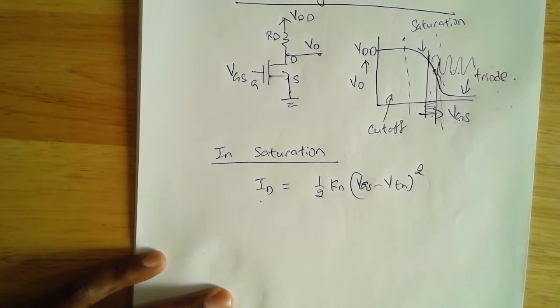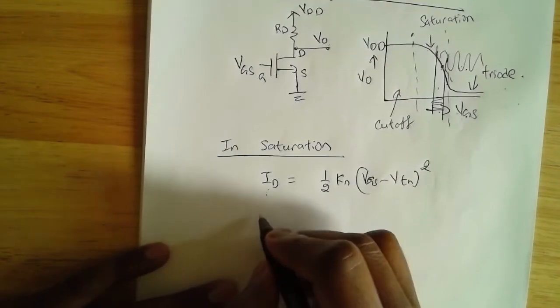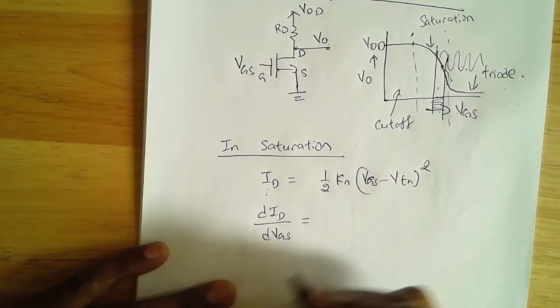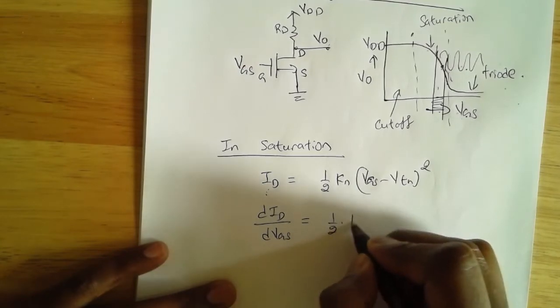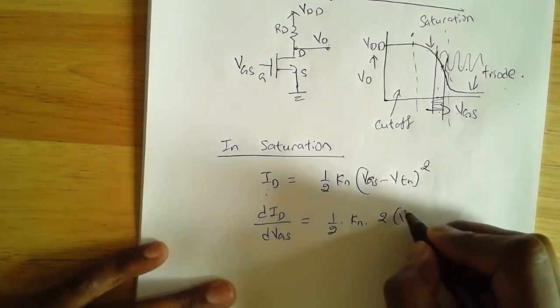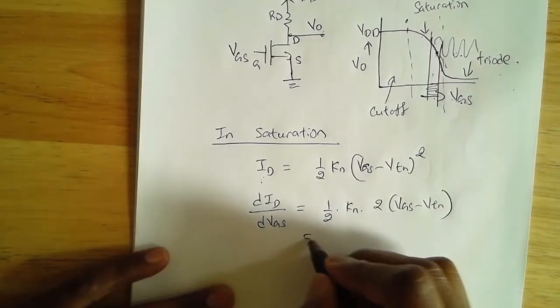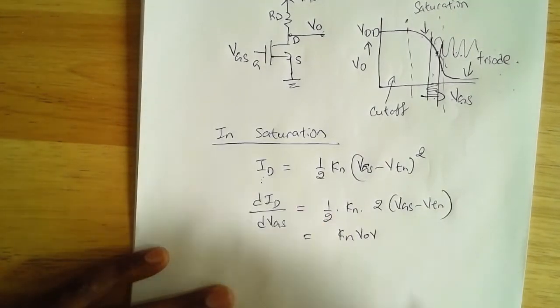In order to do that, I will differentiate ID with respect to VGS, because the derivative will be equal to the slope of the tangent, which is the gain at a particular VGS. If I differentiate ID with VGS, I get half times Kn times 2 times (VGS minus VTN), and this is nothing but Kn VOV.